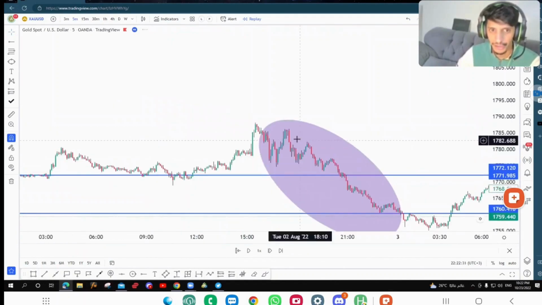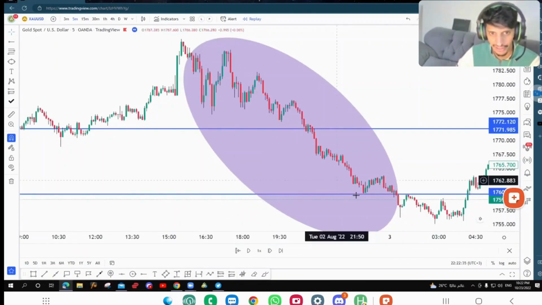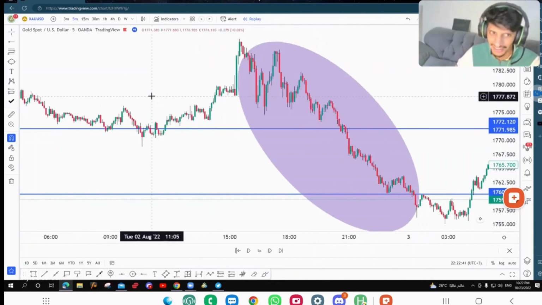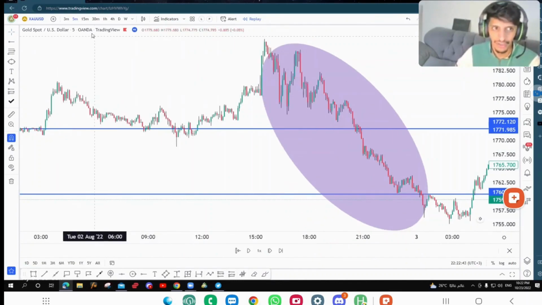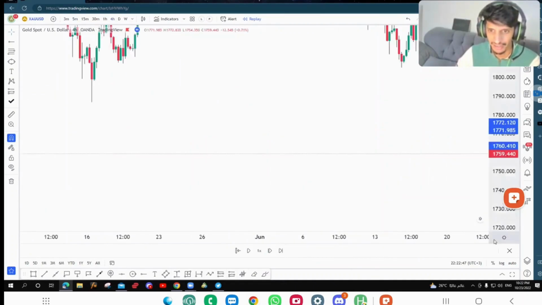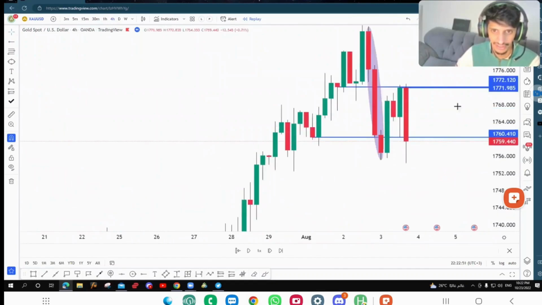So you could have entered anywhere in here, buys and sells and buys and sells, hitting many stop losses. The small candle that you have seen on the higher time frame, this candle here.